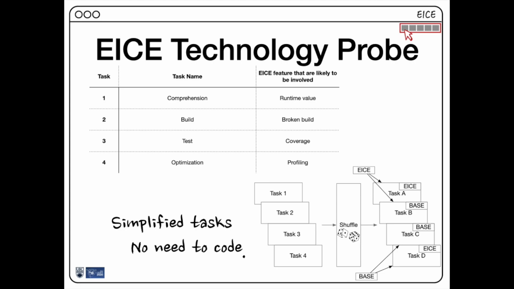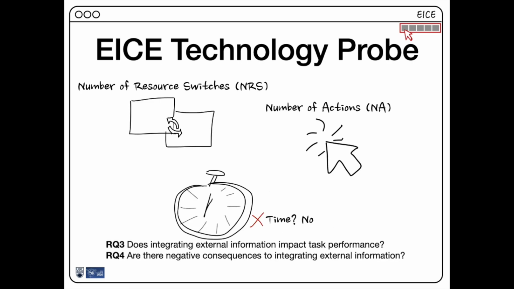For each participant, two of the tasks are completed with EICE and the other two are completed without it. Given the modest number of participants in the experiment, and to gain as much insight as possible in a limited controlled setting, we designed the experiment to focus on the number of actions, NA, and the number of resource switches, NRS, rather than the time required to complete the task.